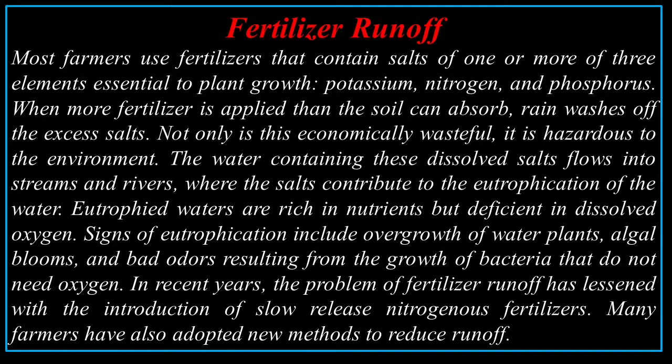Signs of eutrophication include overgrowth of water plants, algal blooms, and bad odors resulting from the growth of bacteria that do not need oxygen. In recent years, the problem of fertilizer runoff has lessened with the introduction of slow-release nitrogenous fertilizers. Many farmers have also adopted new methods to reduce runoff.